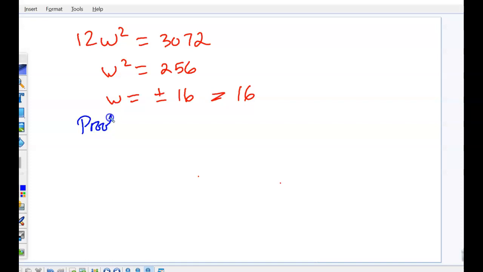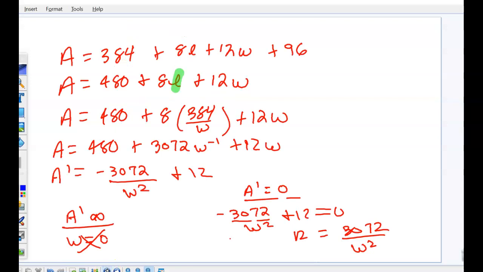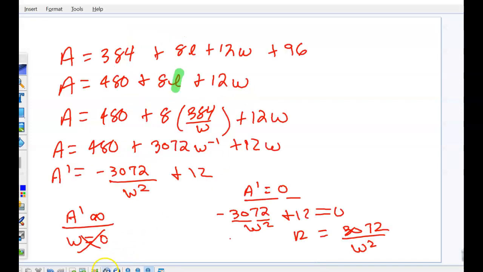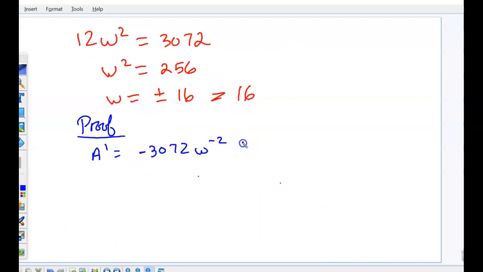So now we're going to do our proof to prove that that is a minimum because we want the smallest size poster. So I'm going to take the second derivative. And again, just to recall, my first derivative was negative 3072W to the minus 2 plus 12. So A double prime is going to be 3072 times 2.